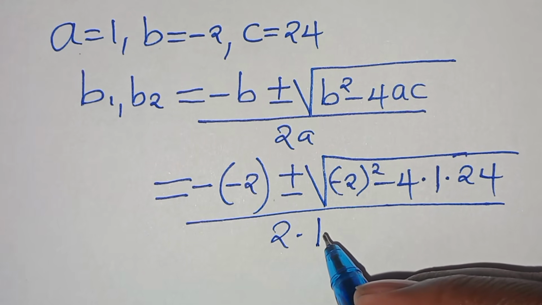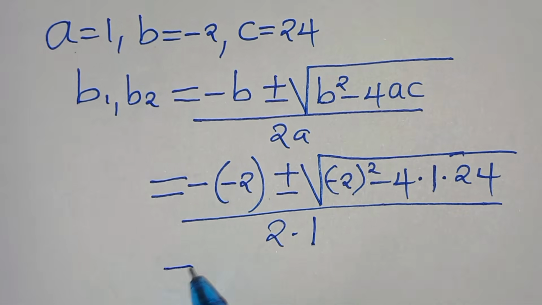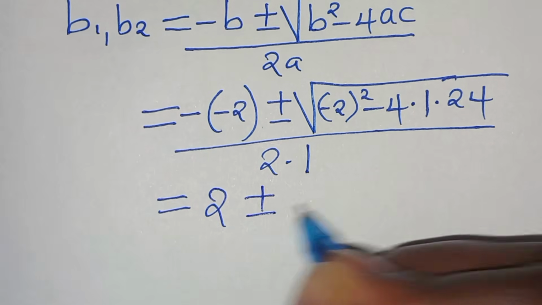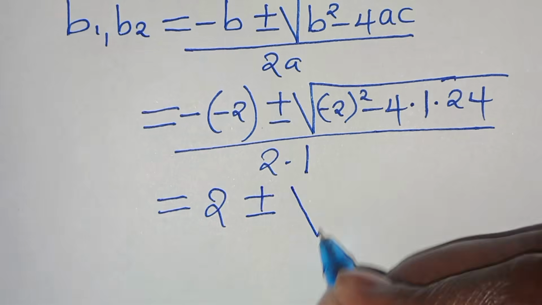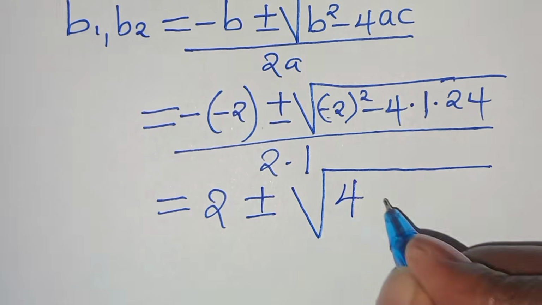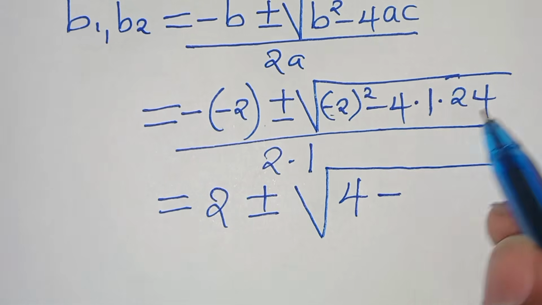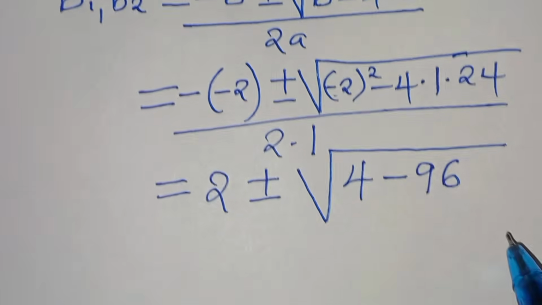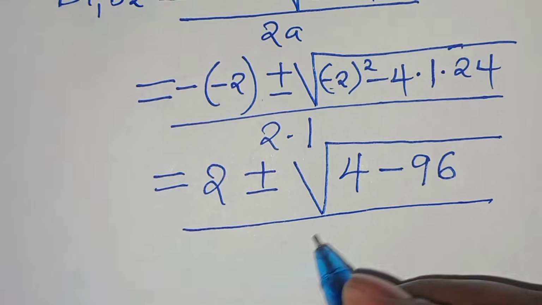Now, this means that we have minus times minus 2, this is equal to 2, plus or minus, we have the square root of minus 2 squared, this is 4, subtract 4 times 24, this is equal to 96, then everything here divided by 2.